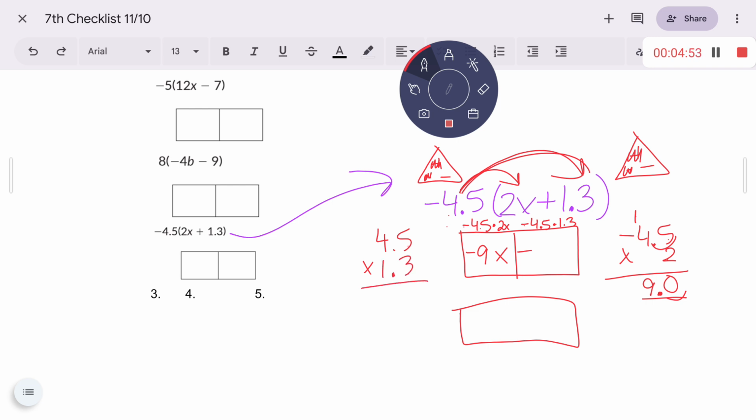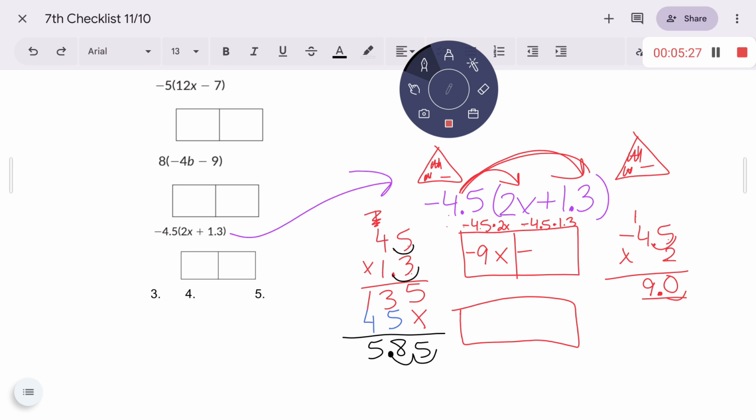3 times 5, 15, carry the 1. 3 times 4, 12, plus 1 is 13. Notice I'm not putting the decimals yet. One times 5, 5, carry nothing. 1 times 4 is 4. 5, 8, 5, 1, 2, 1, 2.